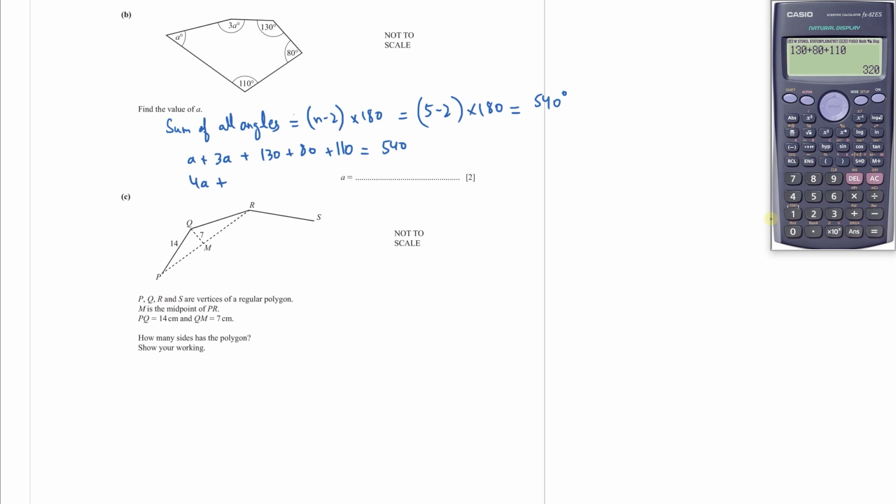So this is 320. 320 should equal 540. So this will give A equals to, first you will subtract 320 from 540. So 540 minus 320 and the answer will be divided by 4, to get the value of A, which is 55. So value of A here is 55.